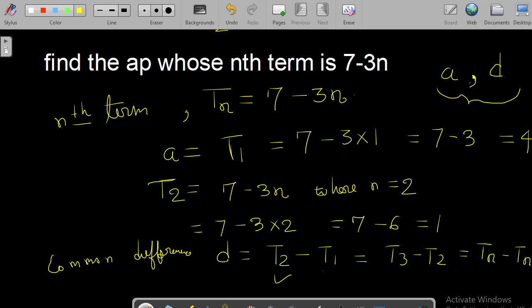I know these two terms, that is why I am using them. T2 is 1 minus T1, which was 4, so it becomes 1 minus 4, which is minus 3. So the common difference is minus 3.